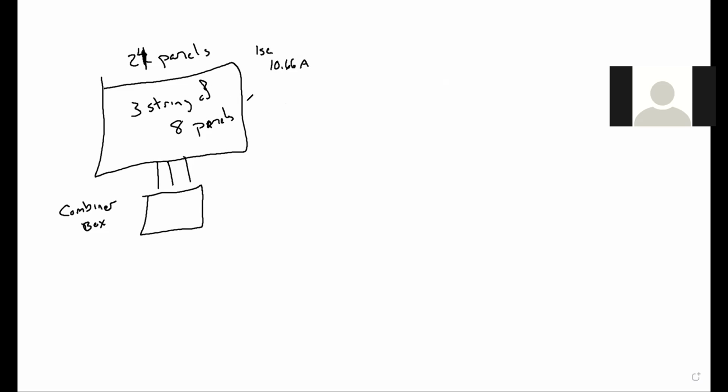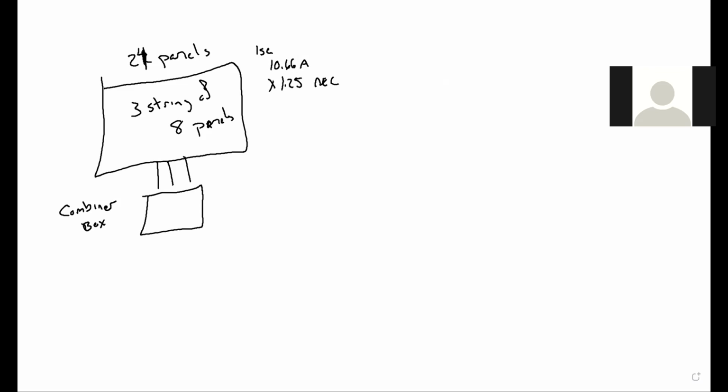Remember, when we hook up things in a string, we find that the voltage increases, but the amps do not. So each string is going to have 10.66 amps ISC. That's the worst case scenario. It's actually going to have a little bit less than that if we look at IMP. But the NEC requires that we multiply this times 1.25, which is our safety margin.